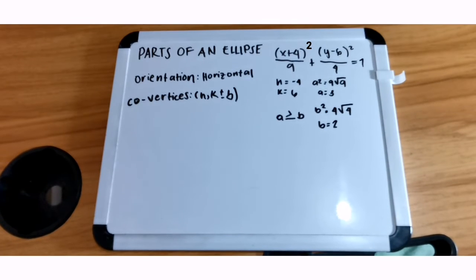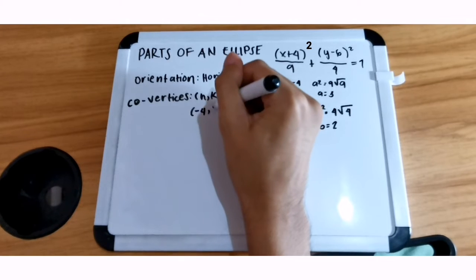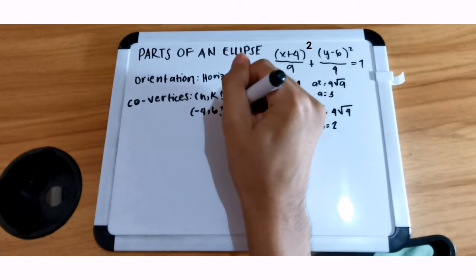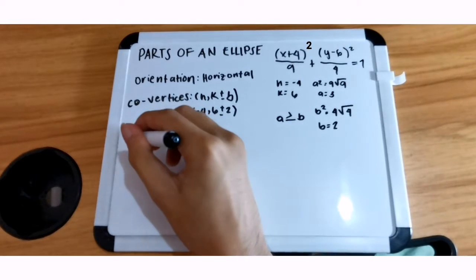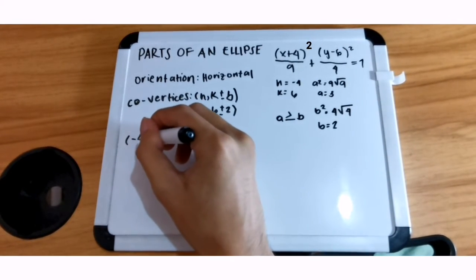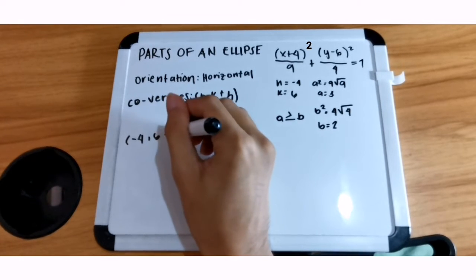So for the co-vertices, this is the formula (h, k plus or minus b). So for the value of h is negative 4, and copy the comma, and the value of k is 6, and then copy the positive and negative sign, and then the value of b is 2.